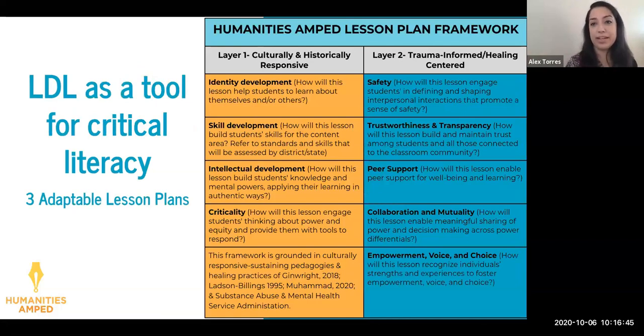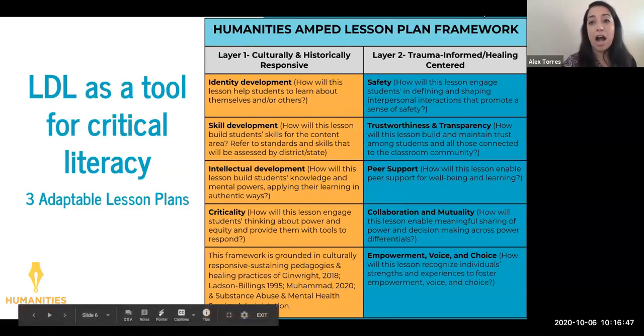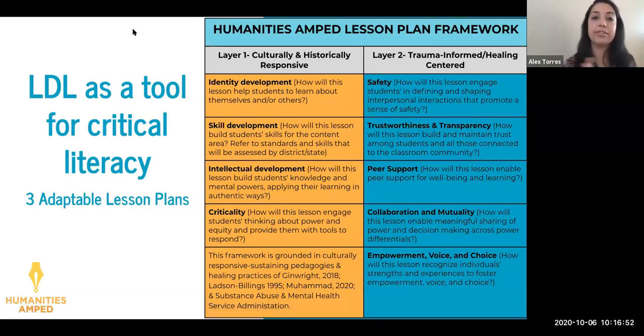Also, whenever we think about lesson plans, in our context, we think about 2 main things. The first layer being, is this going to be culturally and historically responsive? Are we really centering the child's identity development, their skill development, their intellectual development, and their criticality?